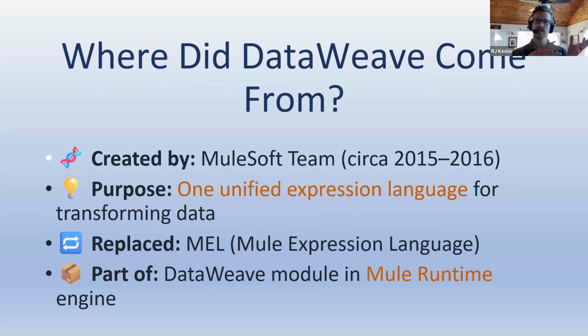That was the old language that couldn't handle transformations across different formats very well. So when they created DataWeave, they made it to handle those transformations. That's why DataWeave is everywhere like it is now. DataWeave is the only language out there that can handle all of those different transformations the way it does. So that's why it took the place of Mule Expression Language, like you see there.